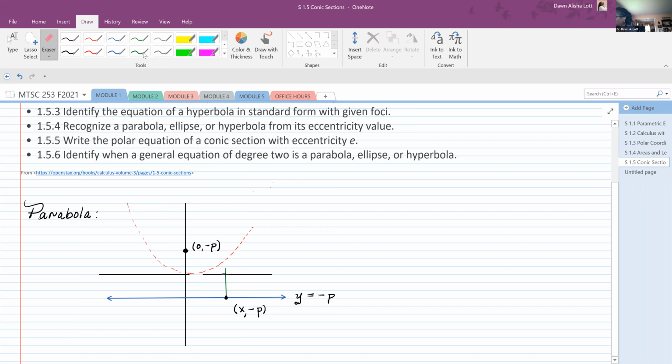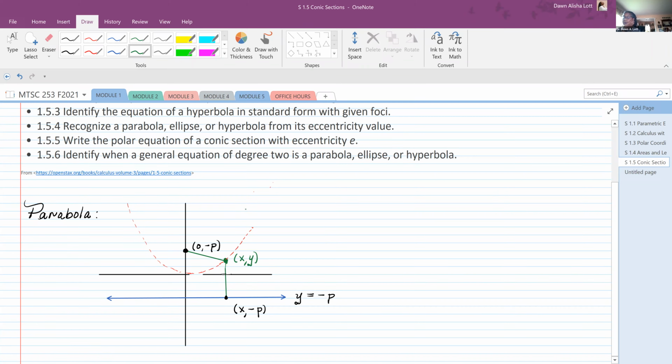Okay, so now if I choose this point here, it looks more accurate. Those distances are the same. So this is the point (X, Y). Every point that's the same distance from (X, negative P) to here will be all the points on the parabola.